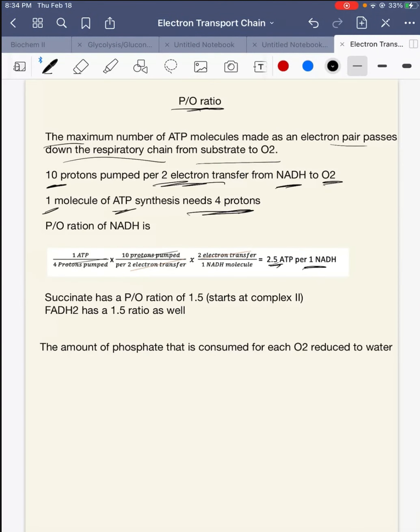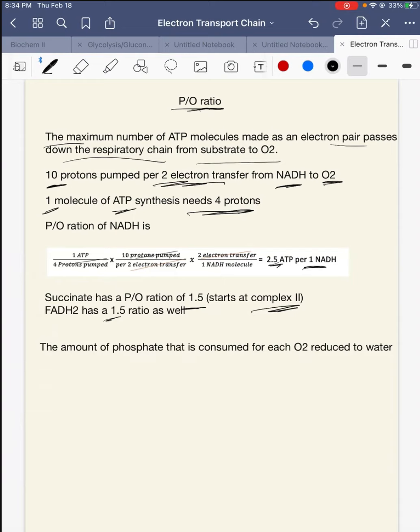Succinate has a PO ratio of actually 1.5, same as FADH2, and the reason is that they start at complex 2. They bypass complex 1, so they're not pumping as many protons as NADH. That's why NADH produces more ATP than FADH2 or succinate.